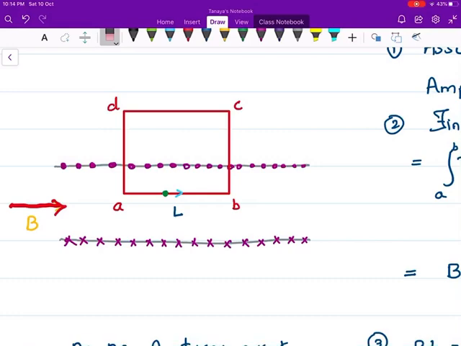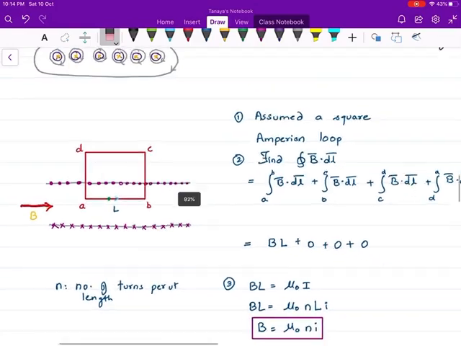I have assumed a loop such that it is enclosing the current flowing through this solenoid. So I have just taken the loop to enclose certain turns of this wire, of this solenoid. Okay, so now let's see.